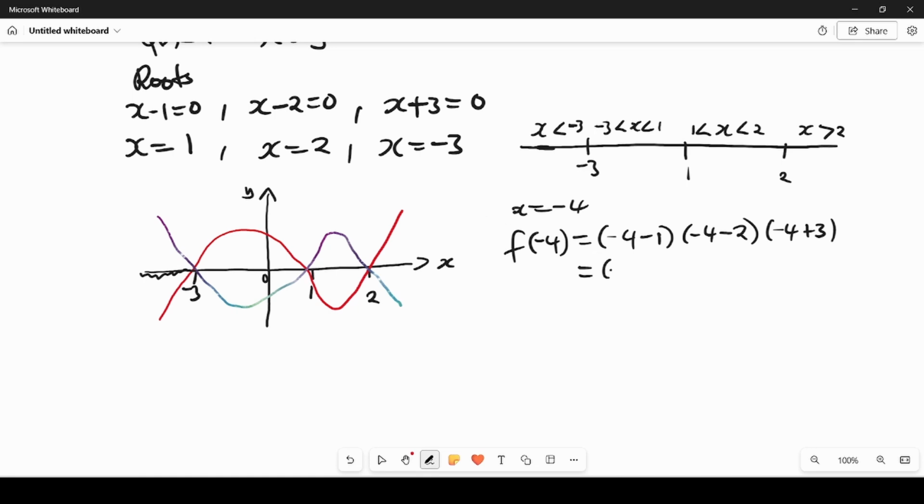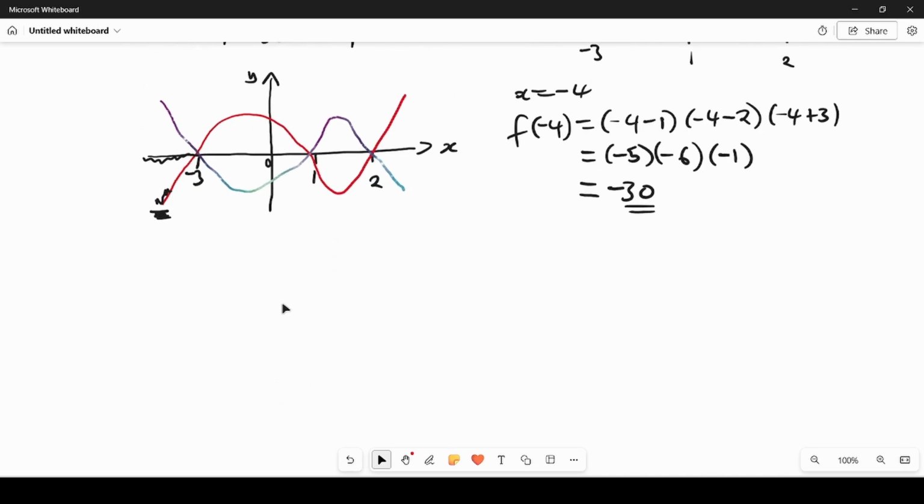This is minus 5, this is minus 6, this is minus 1. This is going to give us minus 30. So it means that the graph is below here. The red one fits very well. From here we can even conclude that the graph moves like this, because there are only 2 options.